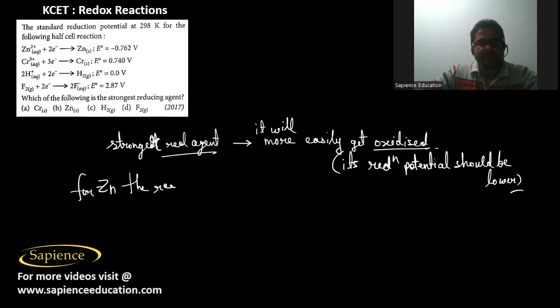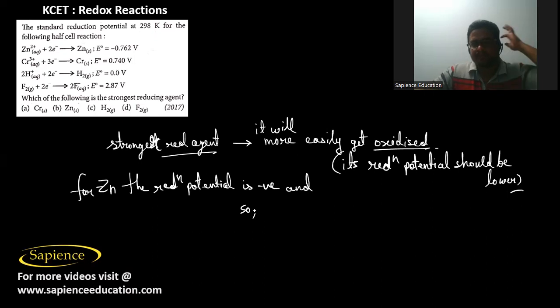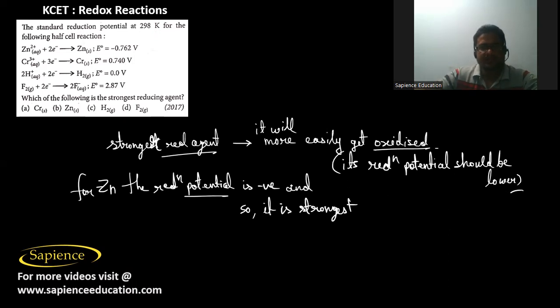For zinc, we see that the reduction potential is negative, and so it is the strongest reducing agent since its reduction potential value is the least. So option B is the correct answer.